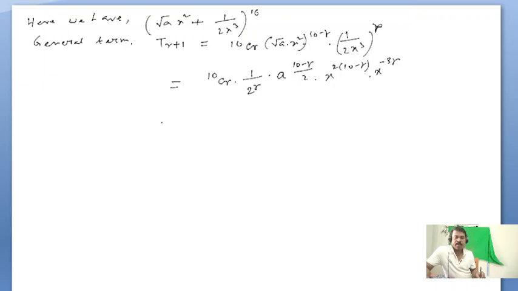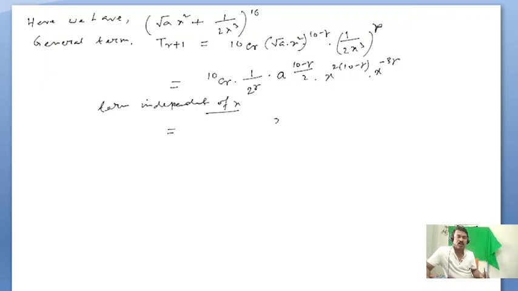Okay, we calculate only the power of x here. So we find the term that is independent of x.